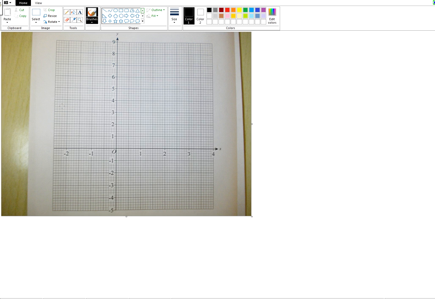So what's that? Minus 2 is 8. So minus 2 along the x, then 8 along the y. Minus 1 is 2. So minus 1 along the x and then 2. Then 0 is minus 2.